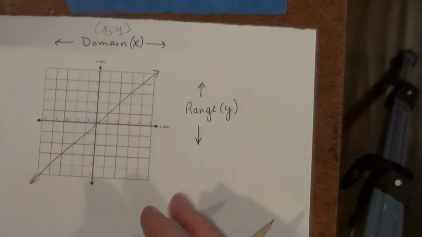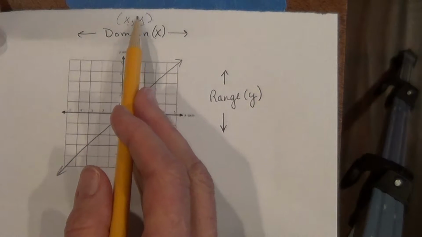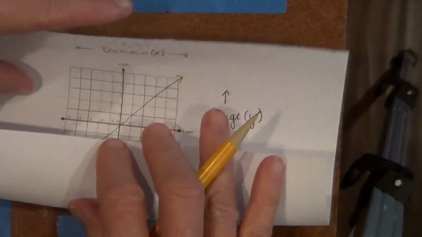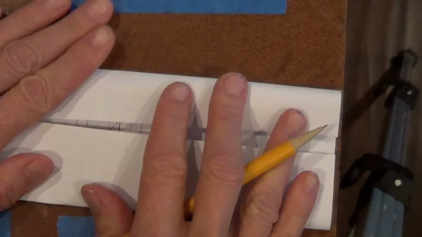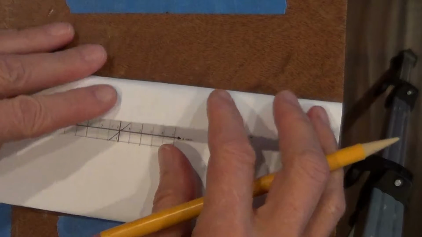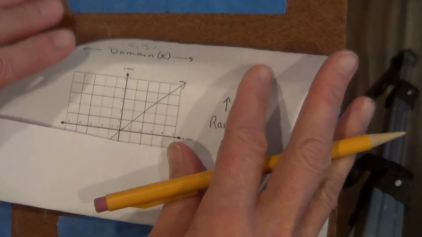Okay, now let's look at the range. Well, the range is our y values, the dependent variable. And when we bring in our restrictors, and we say, okay, can we restrict this graph at all? When we look at this side, we see the arrows pushing it out.